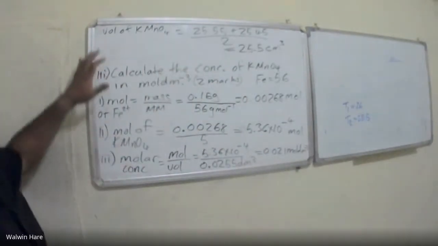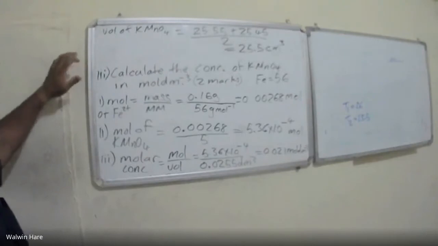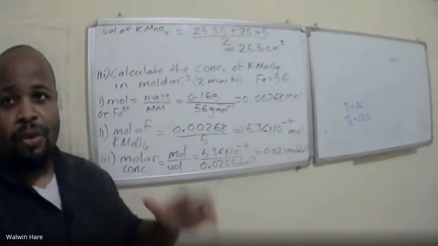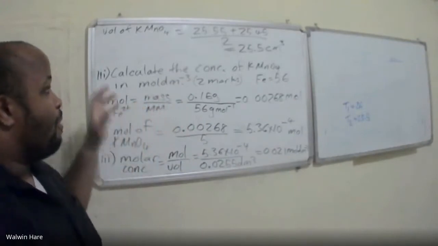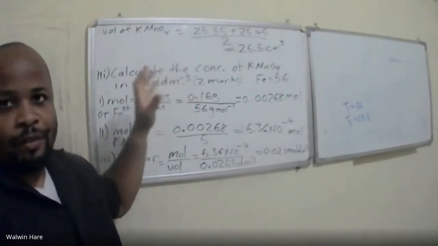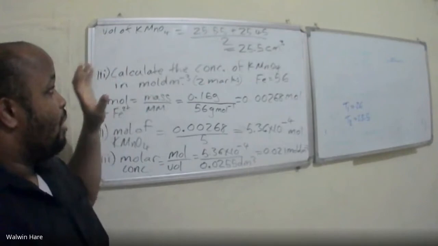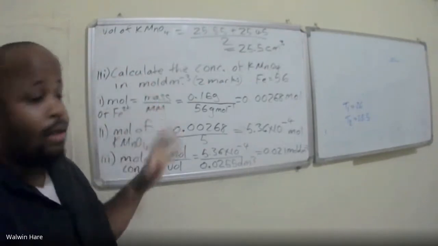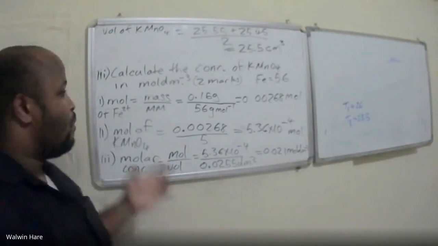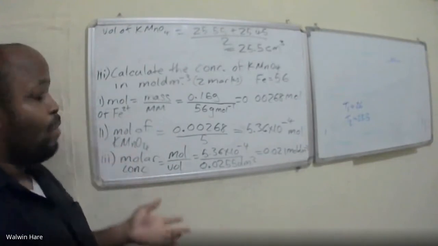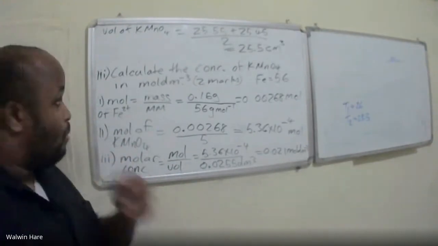So the only difference with this one is that they would normally give you the volume and concentration for the solution of iron, right? But they did not do that. They gave you a mass. So we divide by the molar mass to get the moles.